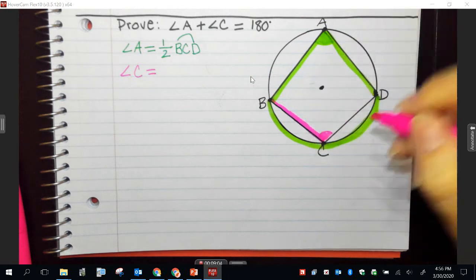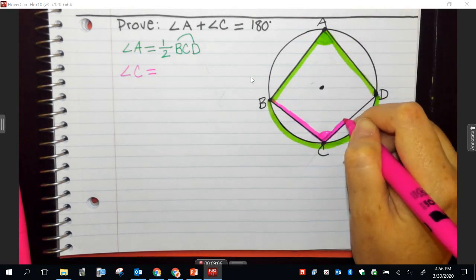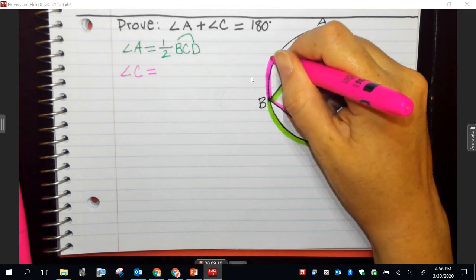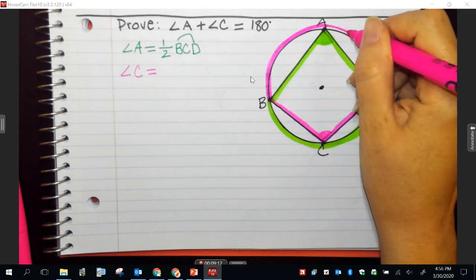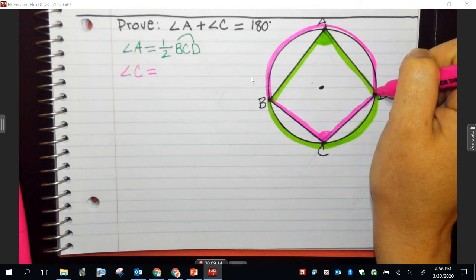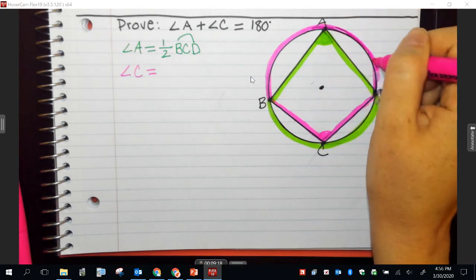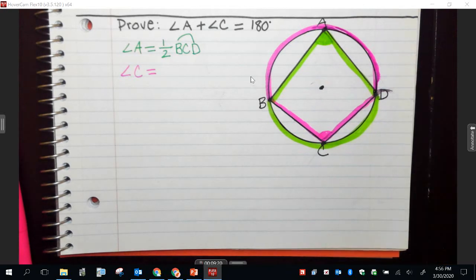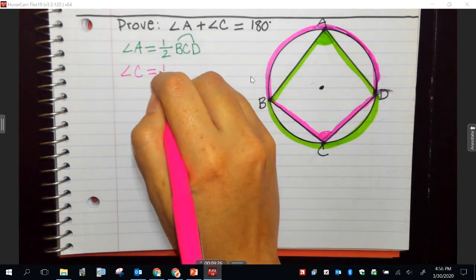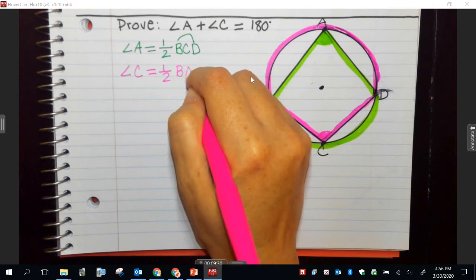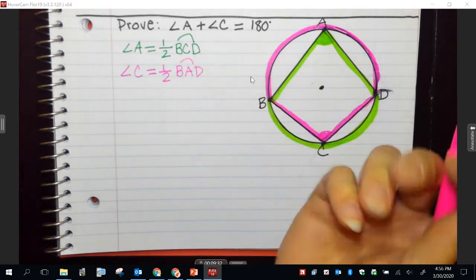So here are the sides of that angle, and that's connecting from B to A all the way to D. So this is the arc that angle C is intersecting. That means that angle C is going to be half the measure of arc BAD, okay?